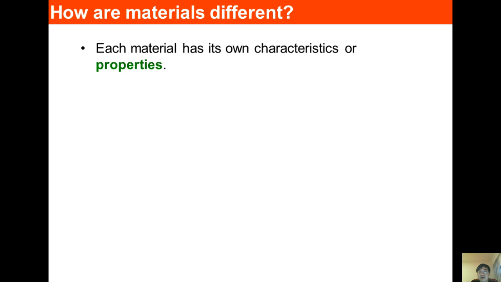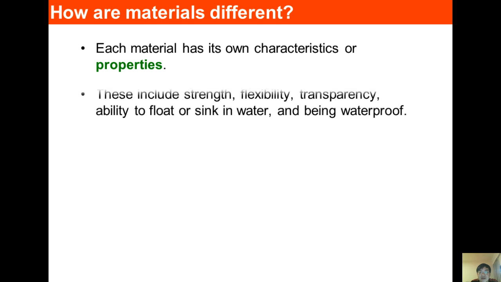How are materials different? Now we use the word properties more than the word characteristics. The properties of each material will differentiate them from one another. Look at this, watch out for this. These are very, very important.